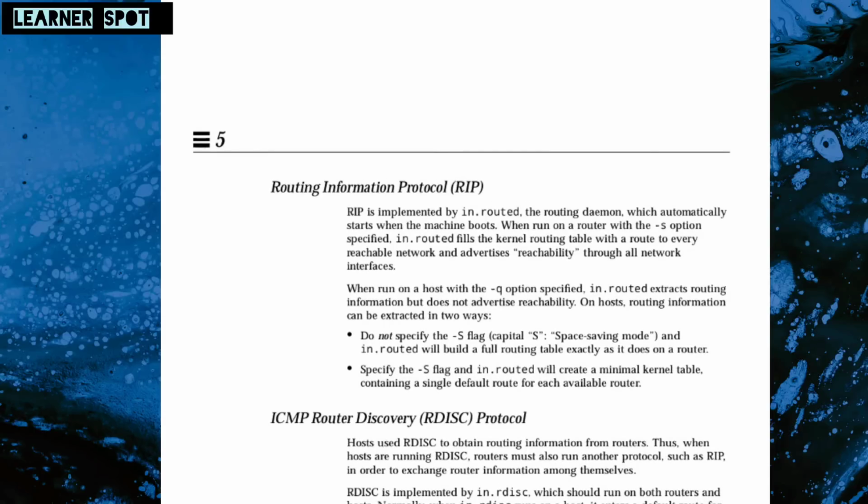There are two ways to extract information on the host using routing information. First, do not specify the capital S flag, the space saving mode, which also builds a full routing table exactly as it does on the router.